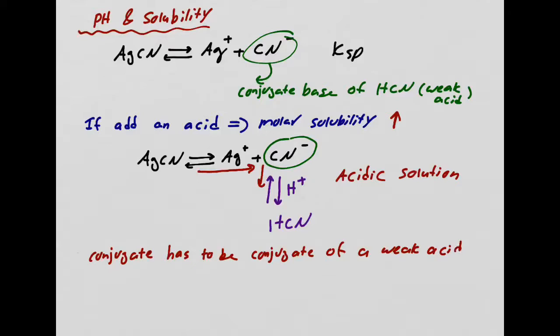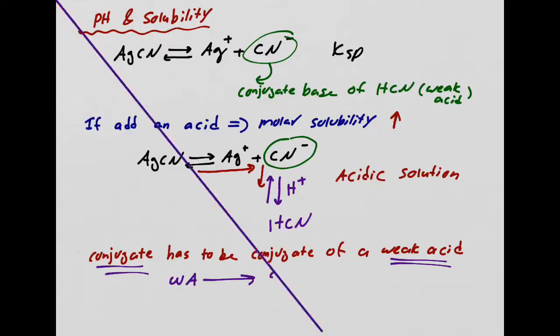Now, CN- was the conjugate of a weak acid, HCN. Now, why does it have to be a conjugate of a weak acid? Because when you have a weak acid, WA for weak acid, the conjugate is going to be basic, right? If you have a weak acid, you end up having a conjugate that is basic, a conjugate base.